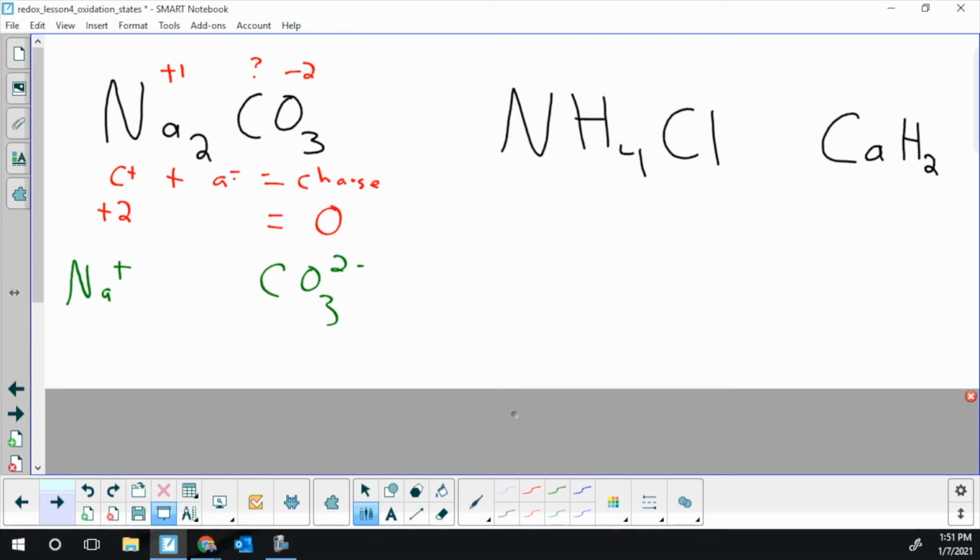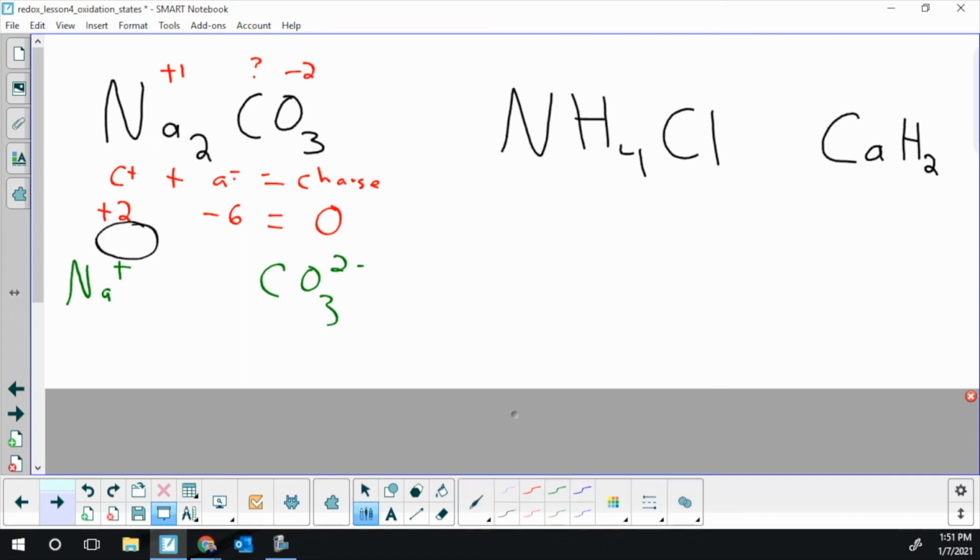For the anions, we just have oxygen. There's 3 of them, so 3 times -2, or -2, -4, -6 for all 3 of them. Now we have to figure out which side is low and bring it up to the other number. 2 is the low side.